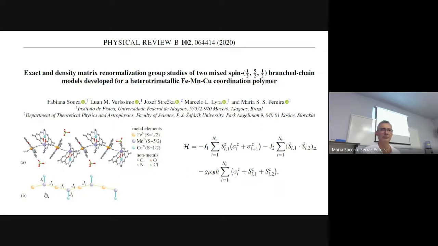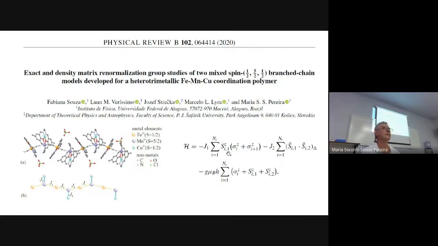We studied this kind of chain, considering that the coupling between the manganese and the copper ions would be described as an isotropic Heisenberg interaction. The delta here represents the degree of anisotropy of this interaction. For the J1 interaction along the chain, we considered two possibilities. The first was that this interaction could be described by an Ising coupling.